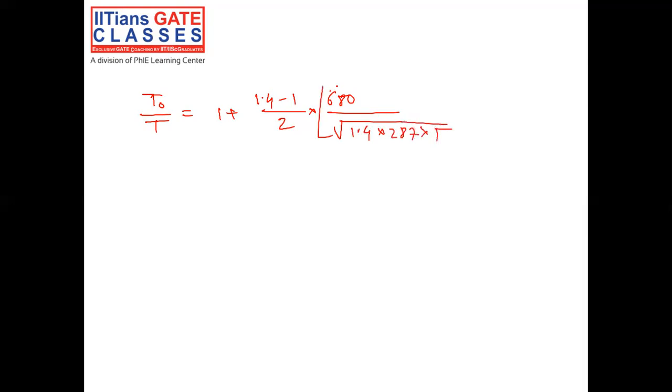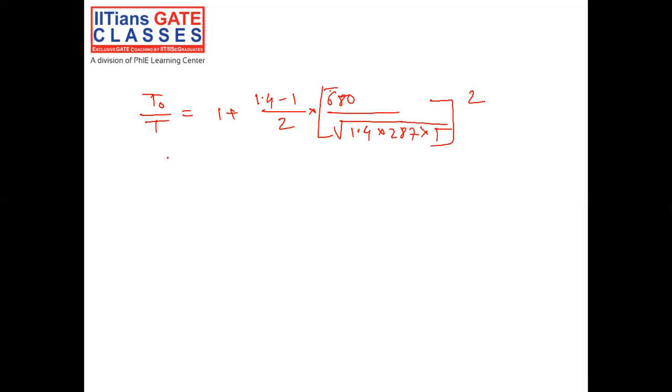T naught by T equals 1 plus (gamma, which is 1.4, minus 1) by 2 into M squared, and M is nothing but 680 divided by root over of 1.4 into 287 into T. So it's squared.